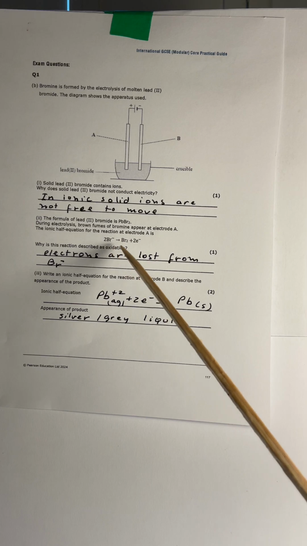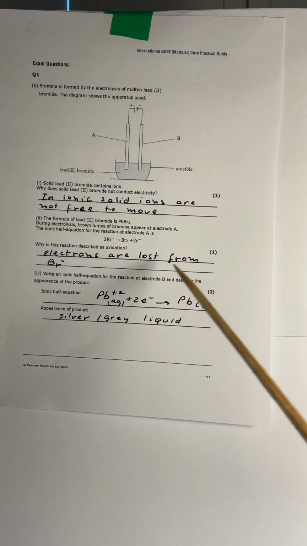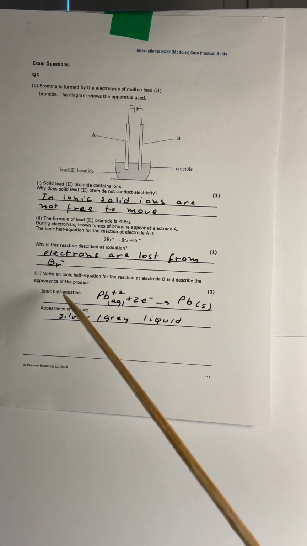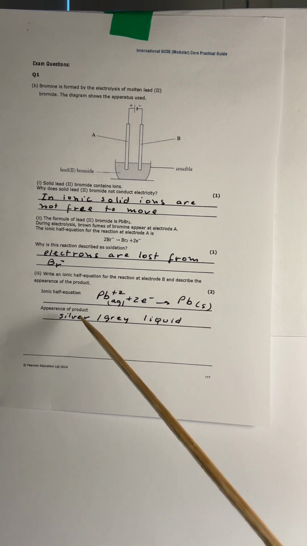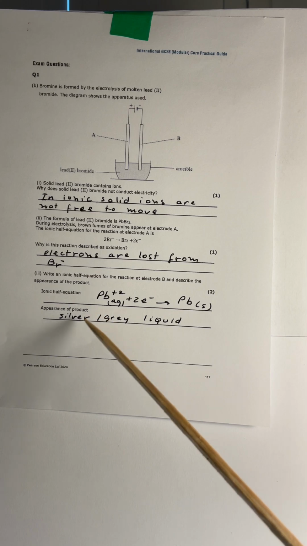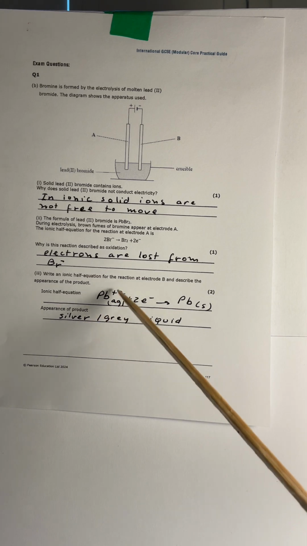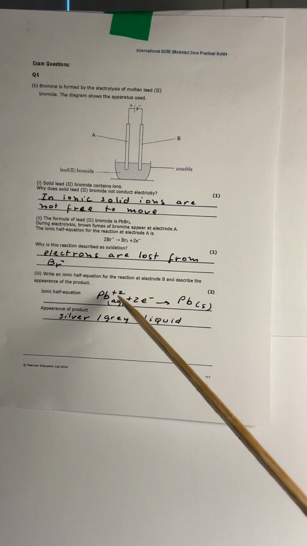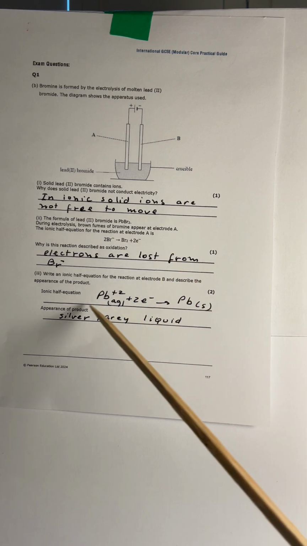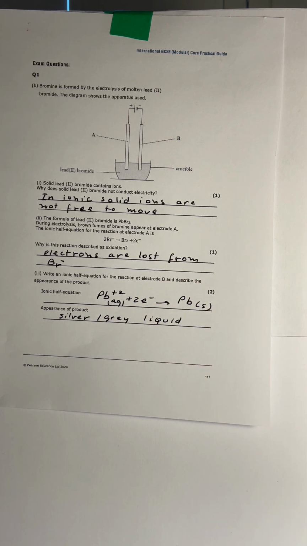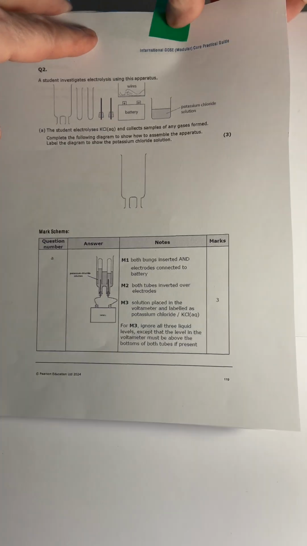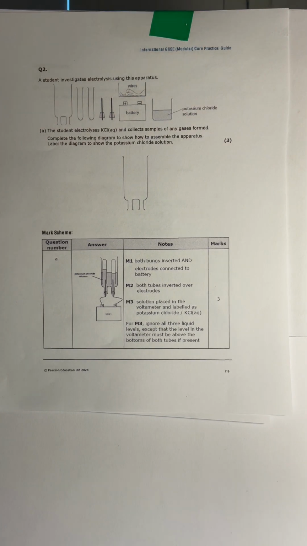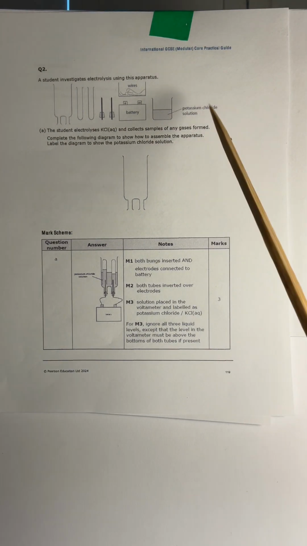Why is this reaction described as oxidation? Because electrons are lost from the bromide. Then they want the electronic half reaction, and then they want to know the appearance of the product. So if lead ions go into solid lead, you just have to remember that solid lead is gray and shiny, perhaps, not always.